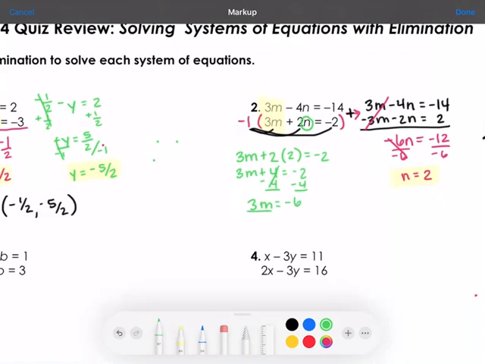I get 3m equals negative 6. And I divide both sides by 3 to get m equals negative 2. So when I put these in as an ordered pair, if I'm going in alphabetical order, I would do m comma n. So negative 2 comma 2 would be my answer here.